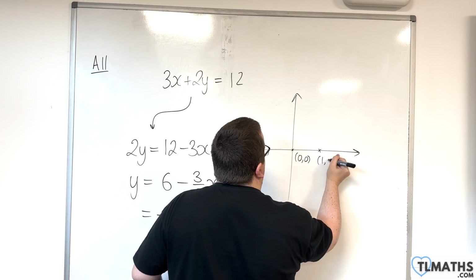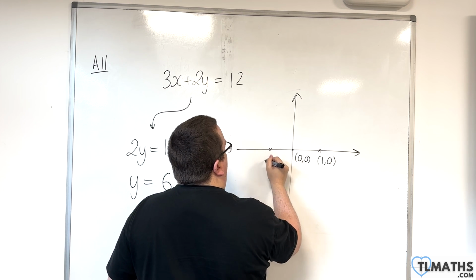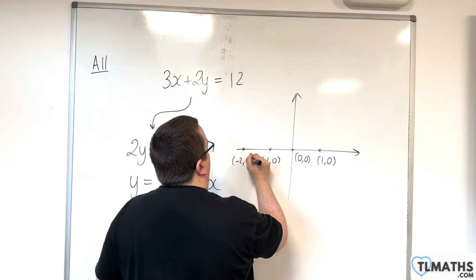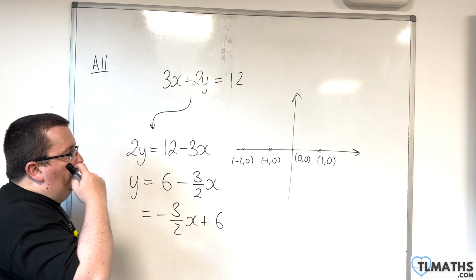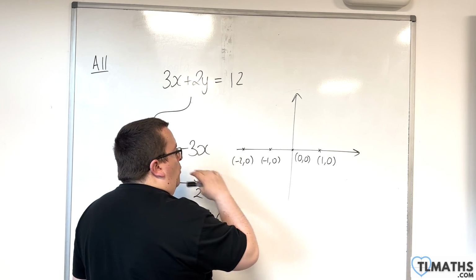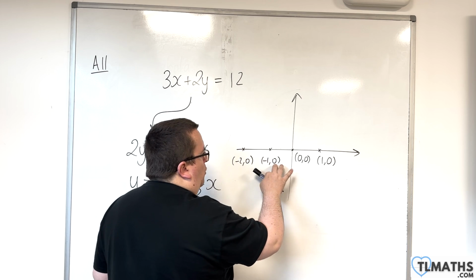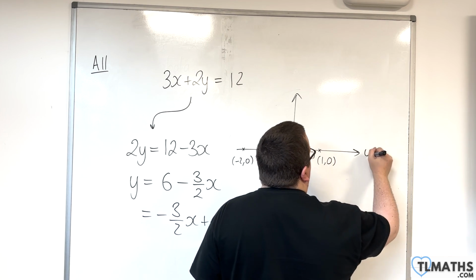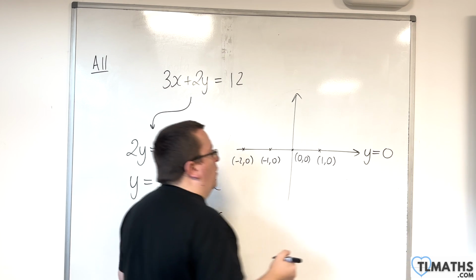Here's 1, 0. Here is minus 1, 0. Here is minus 2, 0. Okay, and you can see as you travel along all of these points along the x-axis that what they have in common is that all of the y's are 0, all of the y coordinates are 0. And so this has the equation y equals 0.